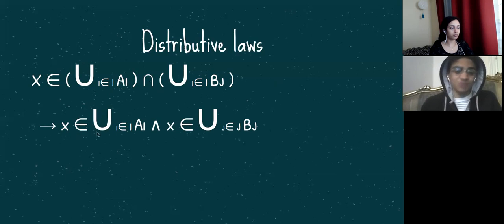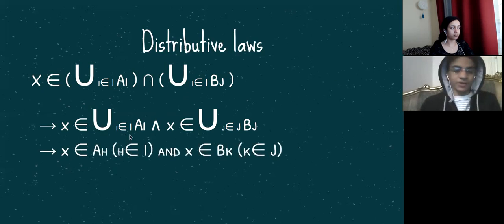This means that x belongs to the union over i belonging to I of A sub i, and x belongs to the union taken over j as it varies over the class J of B sub j. This is just transforming the intersection into the AND form. If something belongs to the intersection of two classes, then it belongs to the two classes at the same time. So here I'm saying that x belongs to this class and that x also belongs to this class.